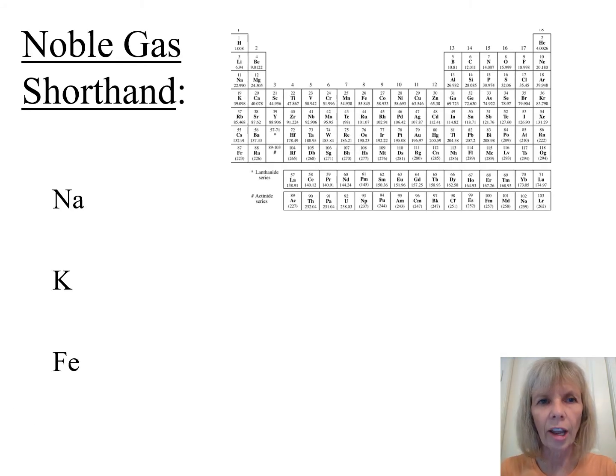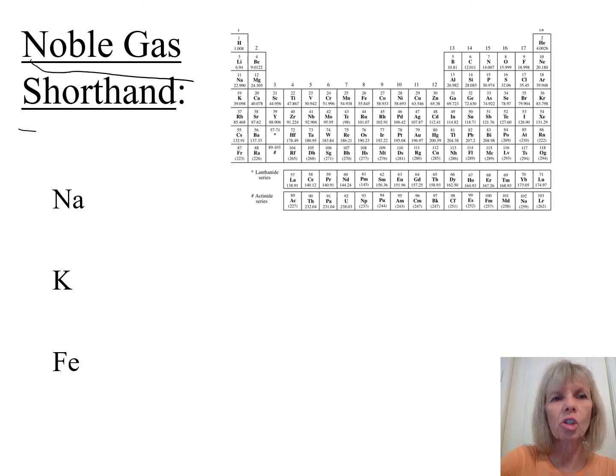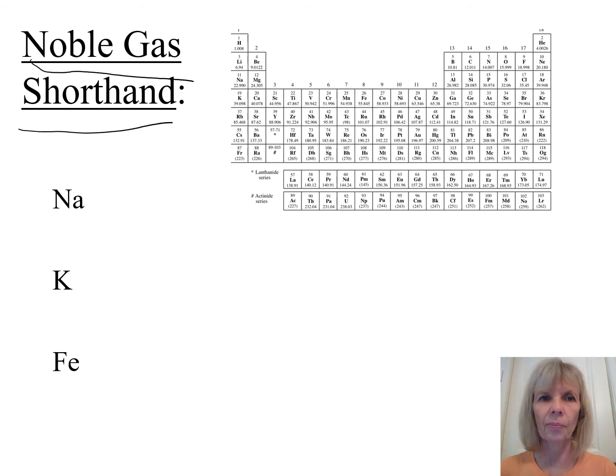Another way we can write electron configurations is what we call a noble gas shorthand electron configuration. As a reminder, our noble gases are the family of elements at the very end of our periodic table, in column number 18, or labeled as main group 8A.